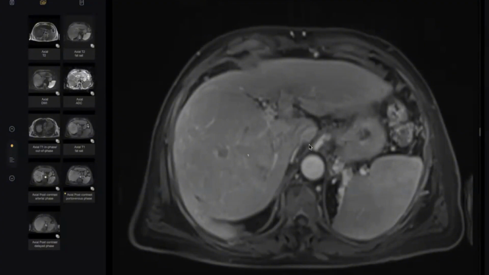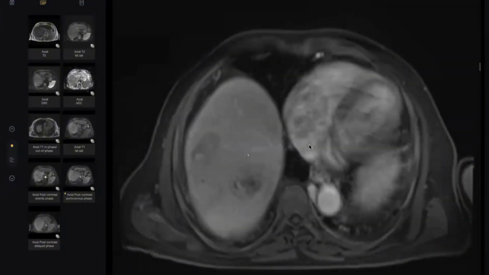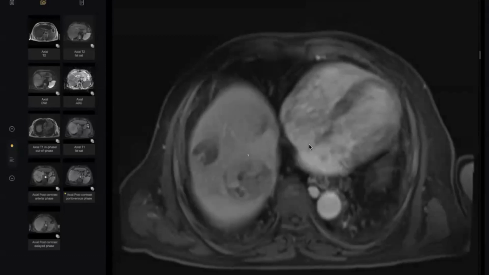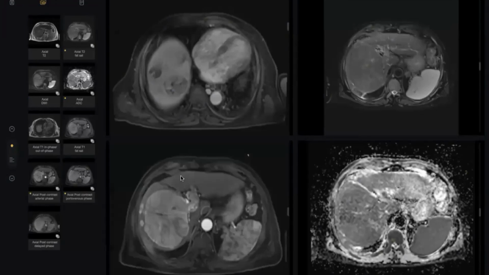So is this washout or not? Less contrast enhancement, but look at other lesions. One second, I will help you. If this is the arterial, I think this is the venous.